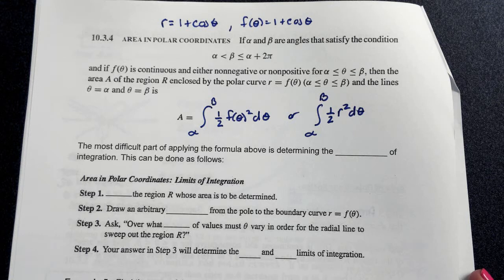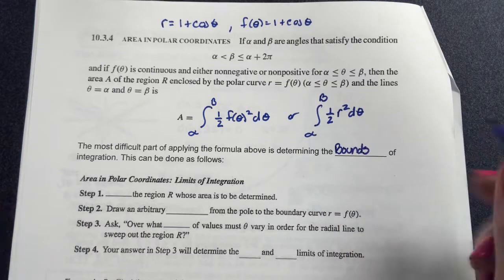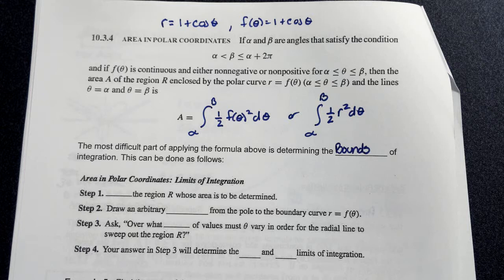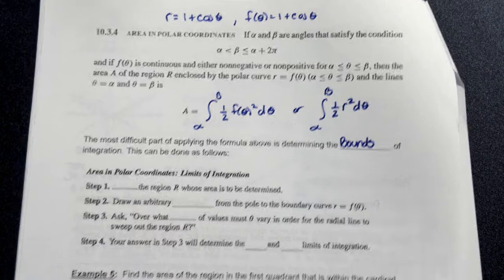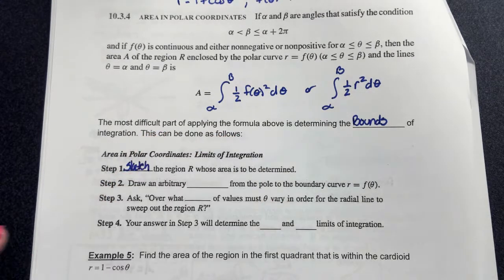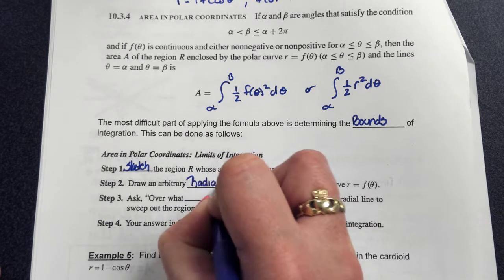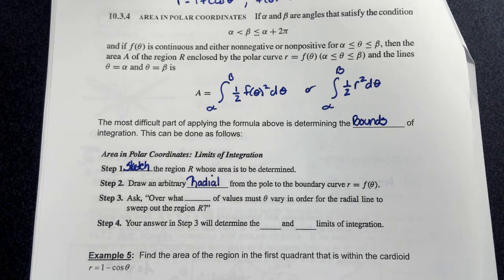The tricky part about doing these problems in polar is determining the bounds. Just like when you're doing area problems in rectangular, you've got to get a picture. If the picture's not given to you, you've got to sketch the region. You're going to draw an arbitrary radial line, and I'll describe that more in a minute, from the pole to the boundary curve r is equal to f of theta.